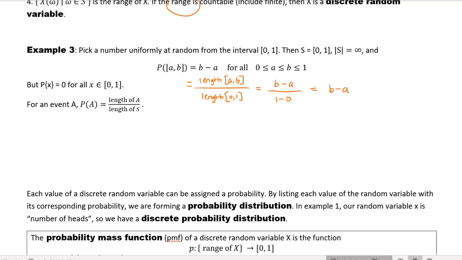So this is the probability of an interval, a subinterval in [0, 1]. But the probability of a single point is actually 0 for all x in [0, 1].